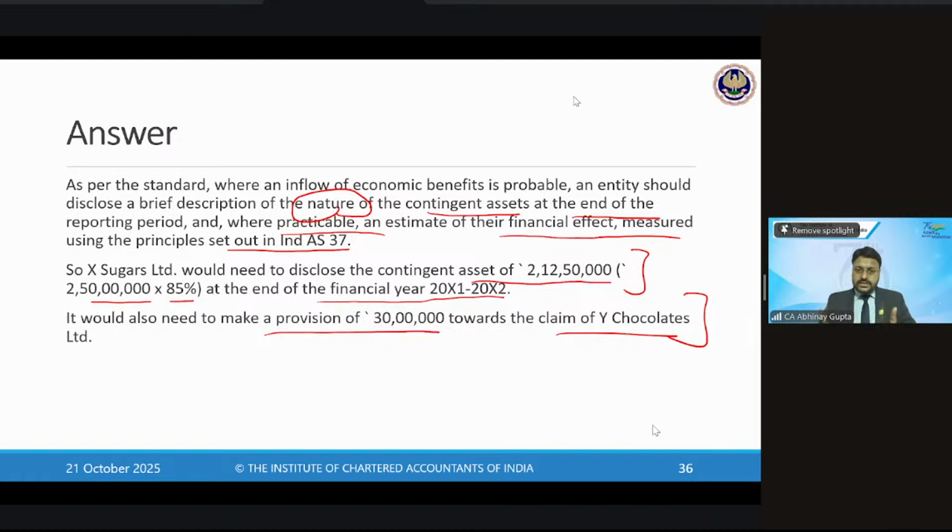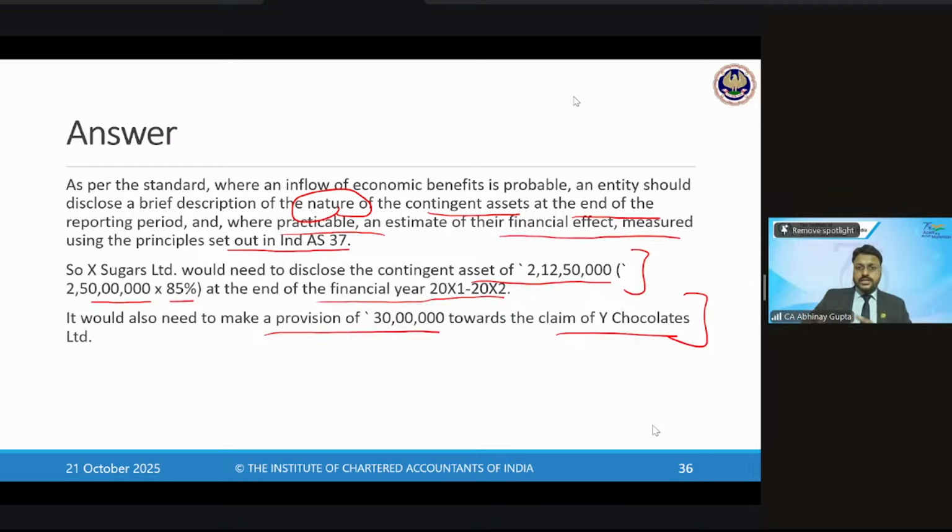I can challenge that I'm not going to pay, or I can say, okay, because your business is also affected, but you see my situation. I have dispatched the goods, but the goods didn't reach you because of some accident which was not in my control. Hence, let's negotiate. Instead of 30 lakhs, are you happy to take 10 lakhs or 15 lakhs, right? So that negotiation can happen, right?